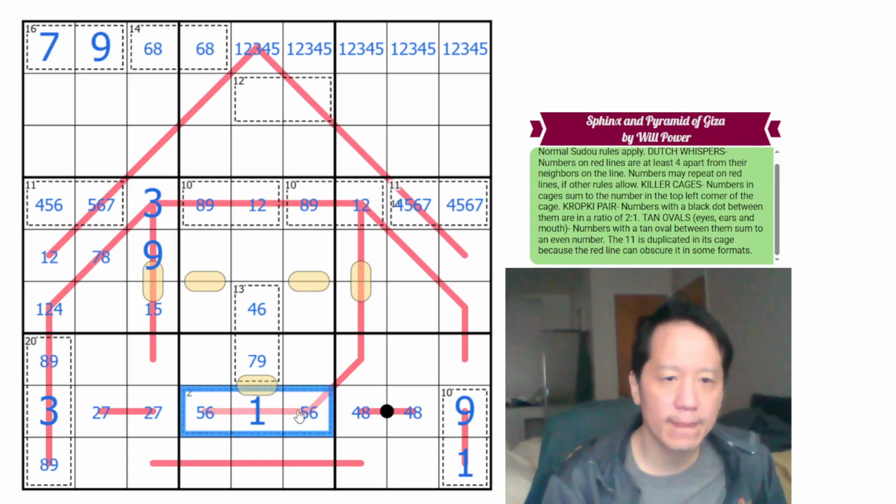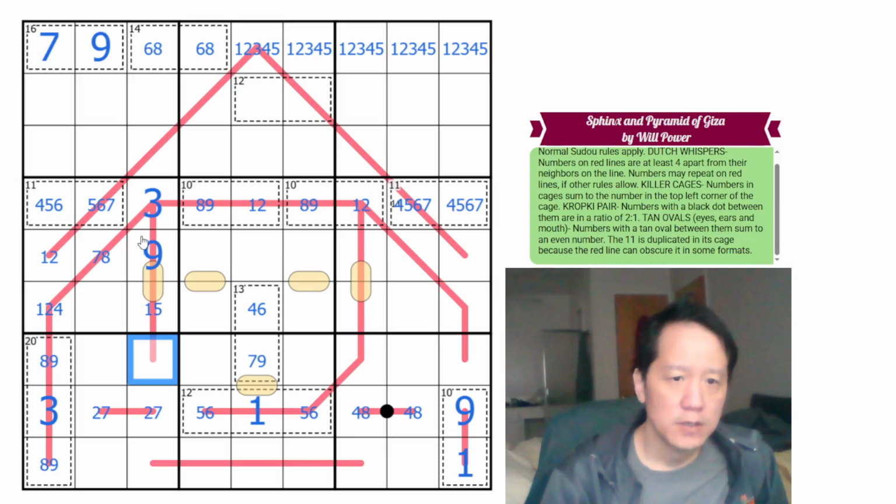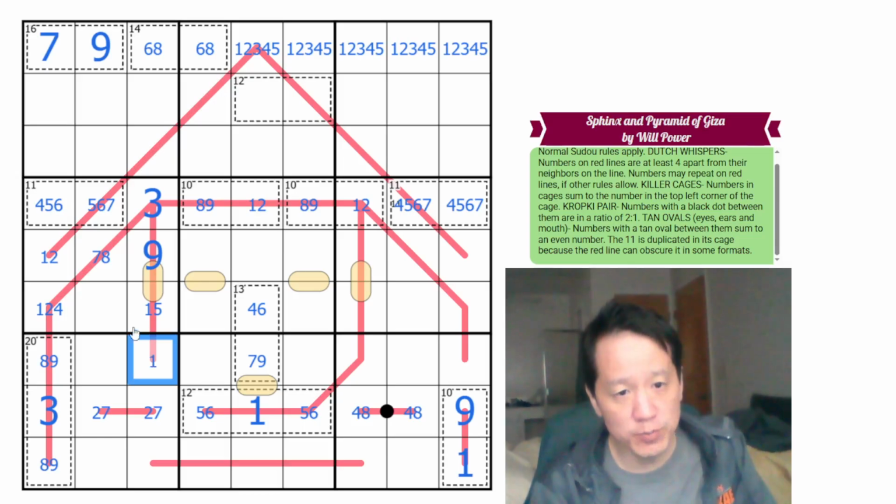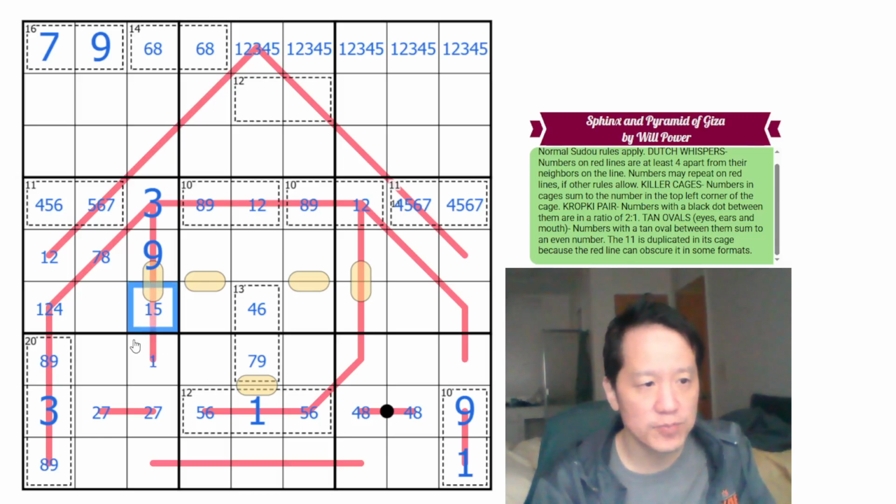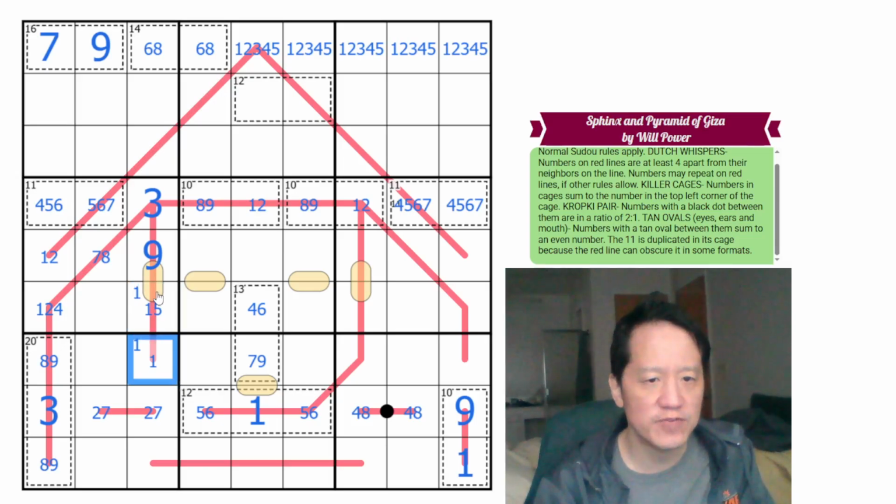Okay. What are the digits that could be here? It has to be 4 away from 1 or 5. So this could be a 1 if this is 5. And so there's always a 1 in one of these two spots then. If this is 5, this has to be a 1 because 5 can only be 4 away from 1 and 9 on a Dutch whisper line.